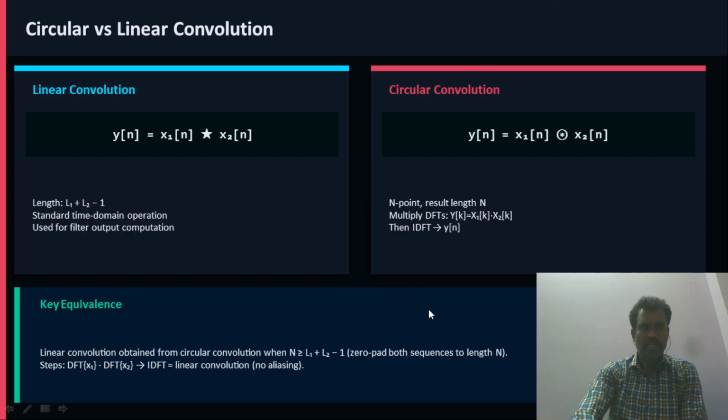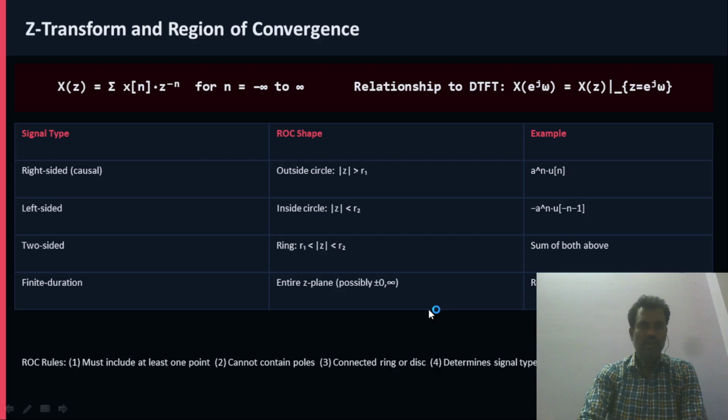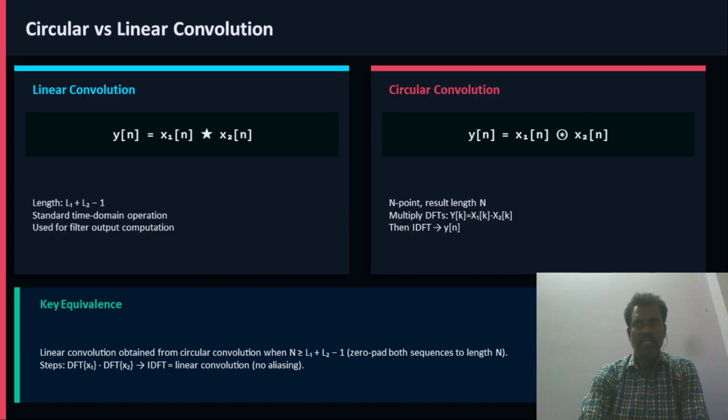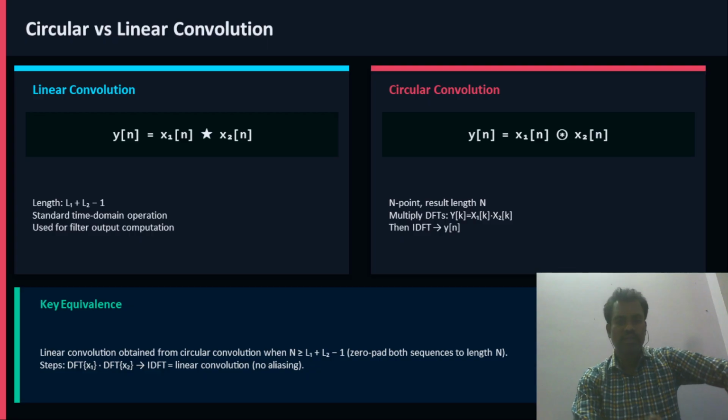So that is circular convolution versus linear convolution. DFT, discrete Fourier transform, is very much essential in implementing Fourier transform in digital hardware. The digital hardware can be used to perform this Fourier transform with the help of this DFT procedure.